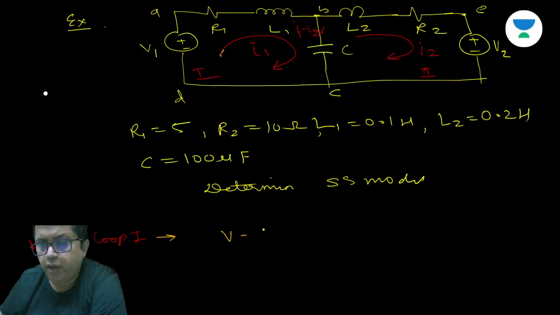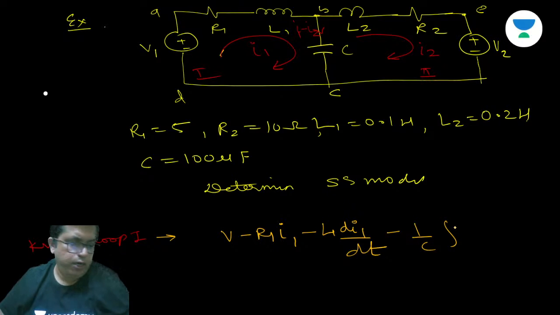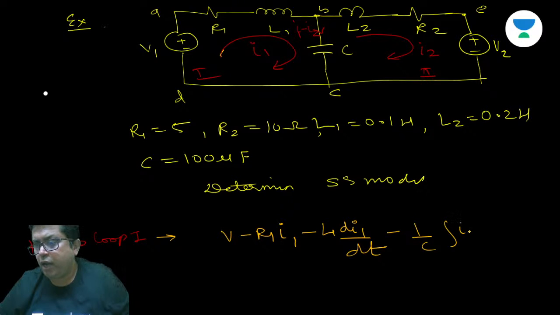V minus R1 I1 minus L1 di1 by dt, minus 1 by C integral I1 minus I2 dt equal to 0.